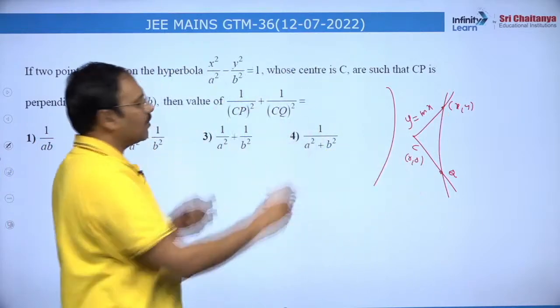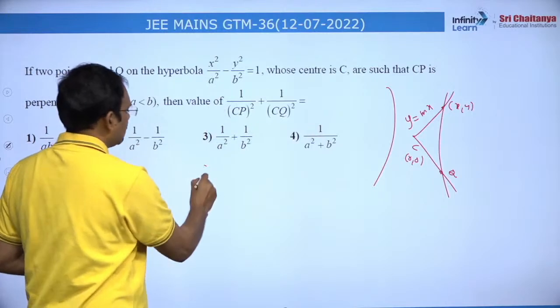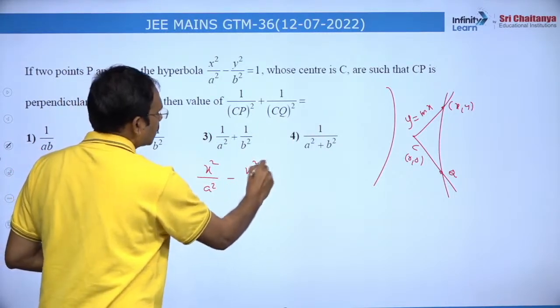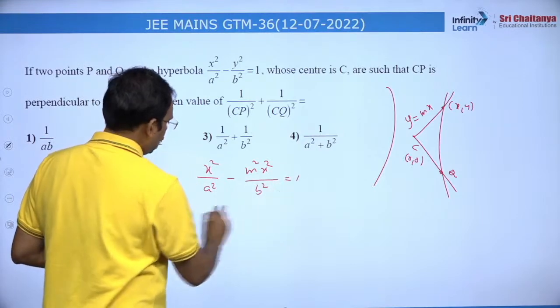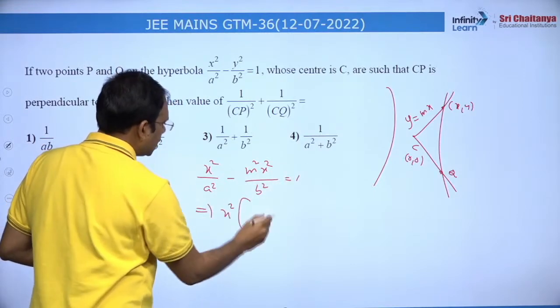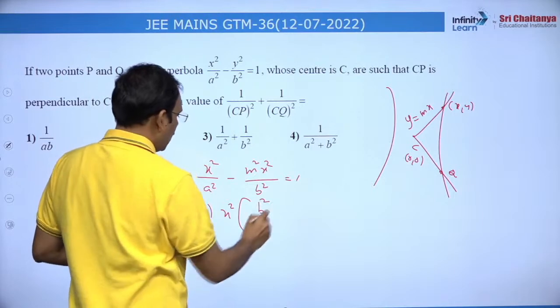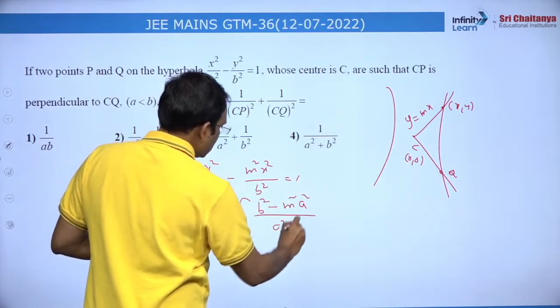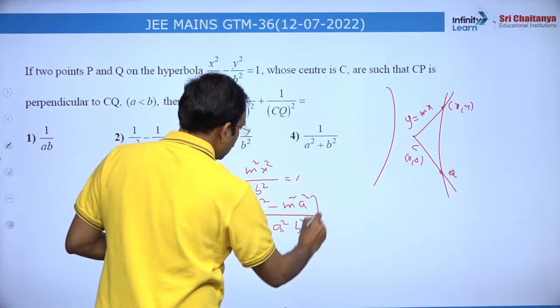So try to solve these two. Replace in x square by a square minus m square x square by b square is equal to 1, from which you will get x square times b square minus m square a square by a square b square is equal to 1.